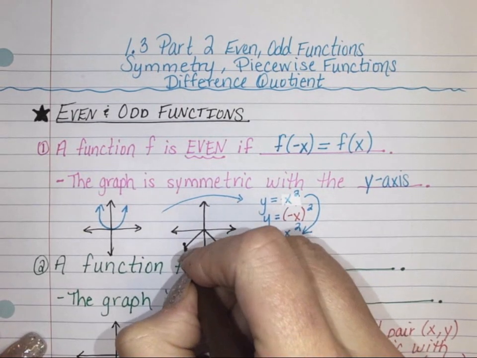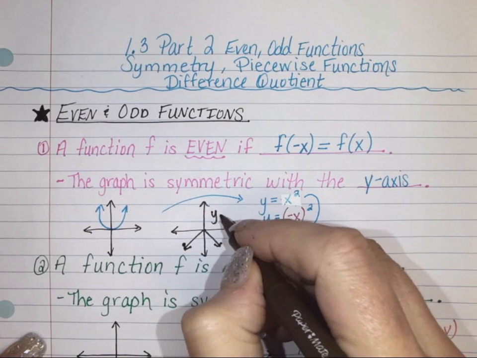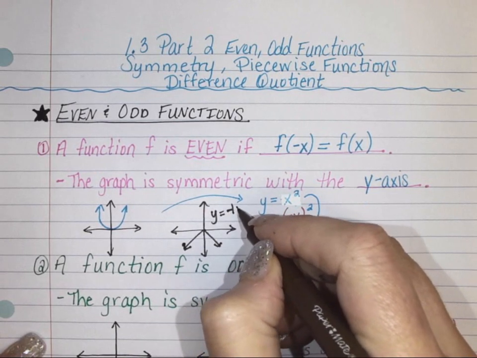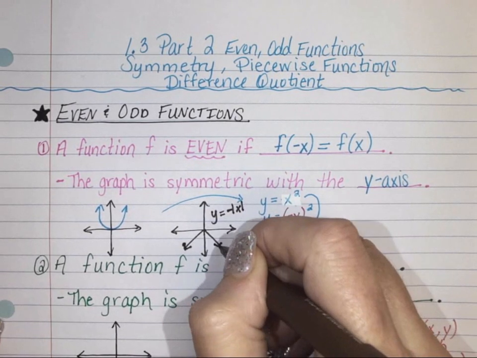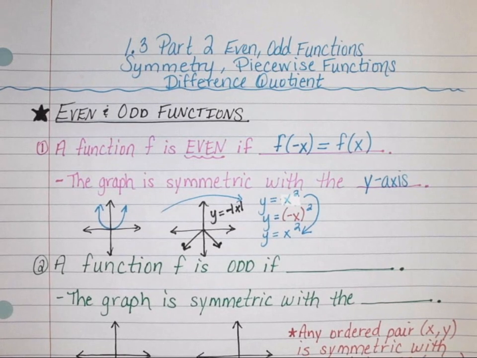So anything that would be y equals negative absolute value of x. So those are some examples and types of even functions. Even functions, once again, symmetric with the y-axis.